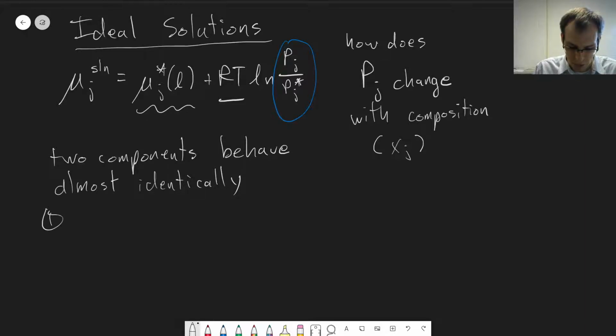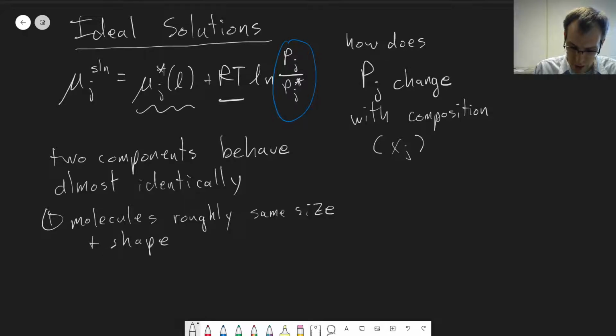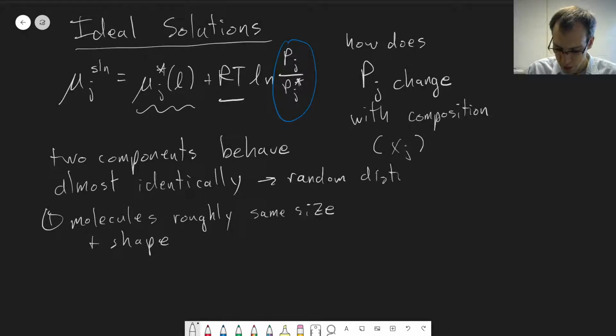So our two assumptions required for an ideal solution are first that the molecules are roughly the same size and shape. You want things that take up roughly the same amount of space, so that you get a random distribution of your two different components.